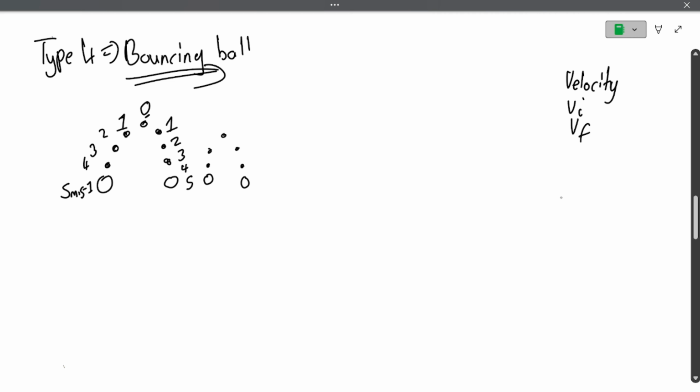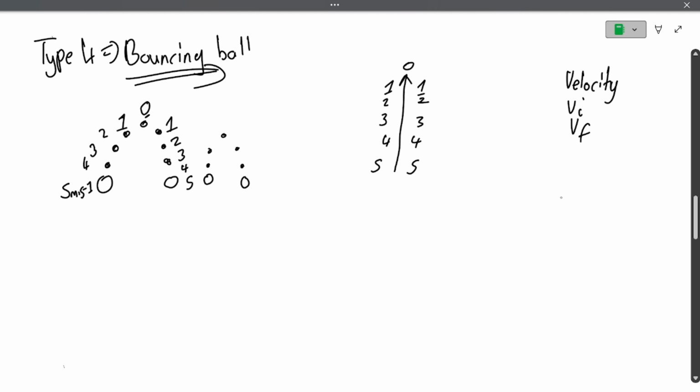I want us to note one thing about the velocity. When the ball goes up, the velocity decreases until it is 0, and then the velocity increases again as the ball goes down. What makes the velocity decrease when the ball is going up and increase when the ball is going down?